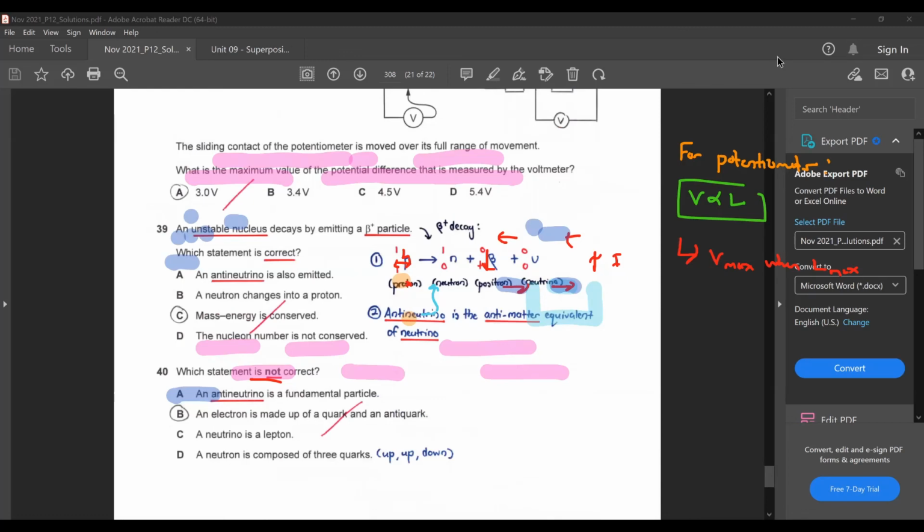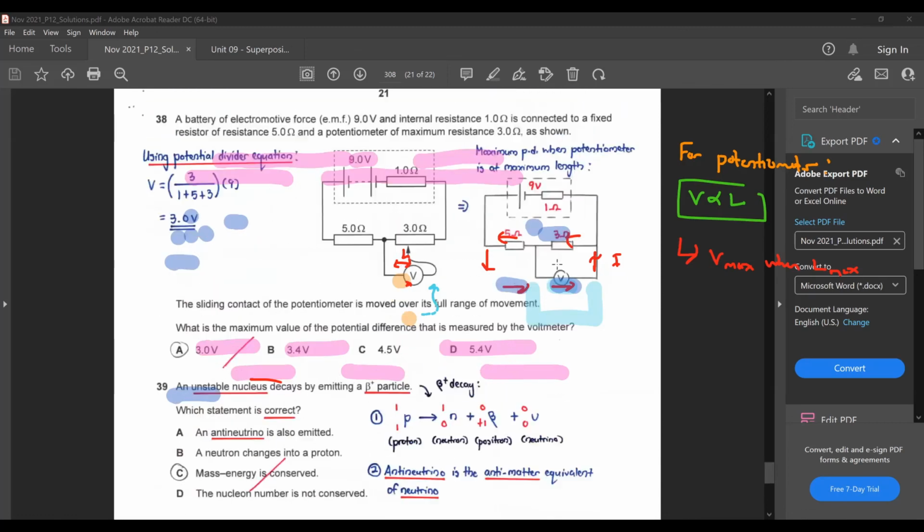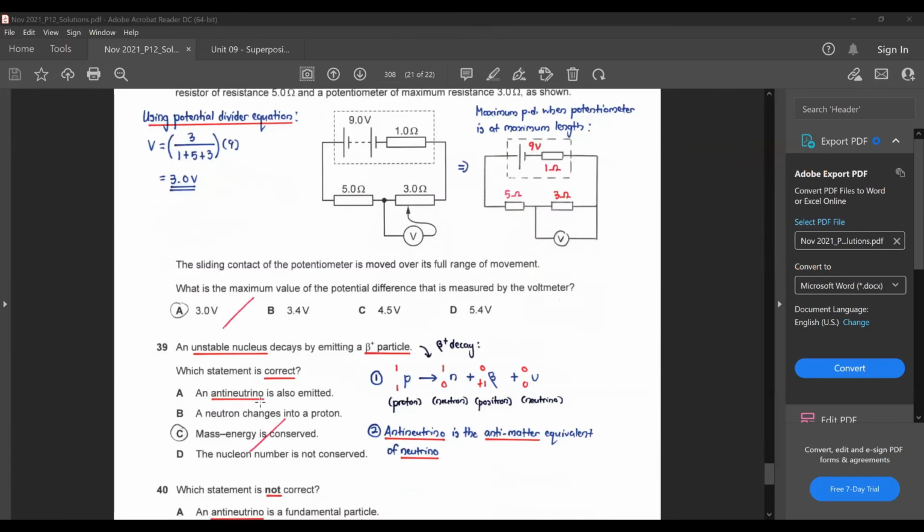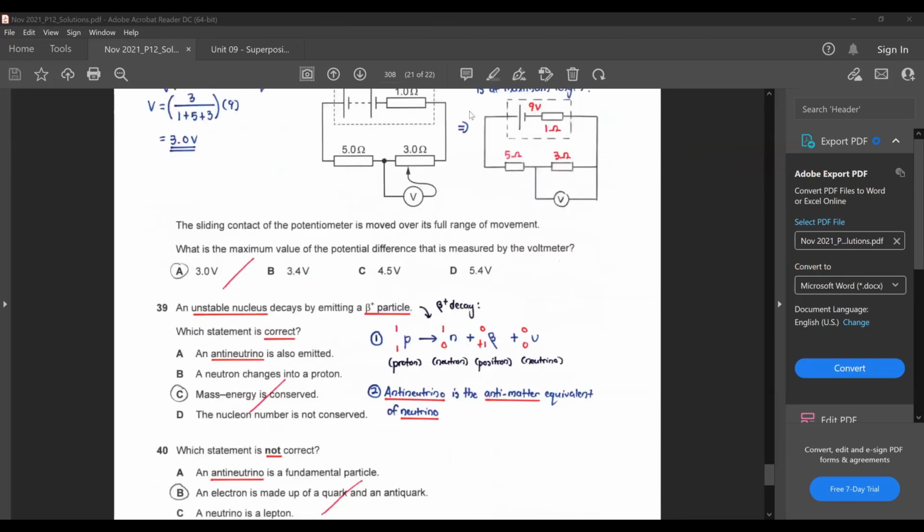Okay, now 39 and 40 is particle physics. Let me clear off the things. Okay, so let me clear off. Okay, now 39. An unstable nucleus decays by emitting a beta plus particle. Which statement is correct?